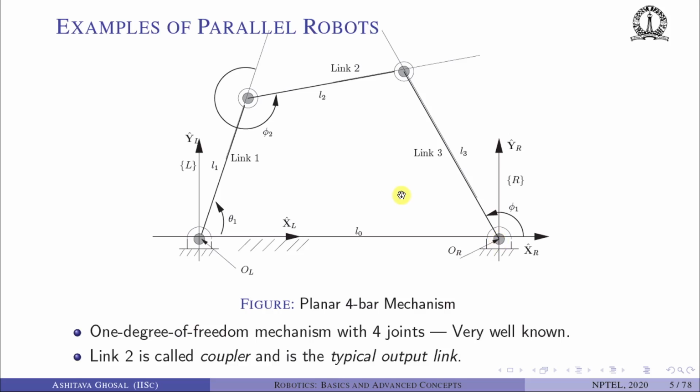This has been studied by many researchers in both the mechanisms and robotics community, and this link 2 is also called the coupler, and typically in a 4-bar mechanism this link 2 is the chosen output link. Not always, sometimes link 3 could also be the chosen output link.